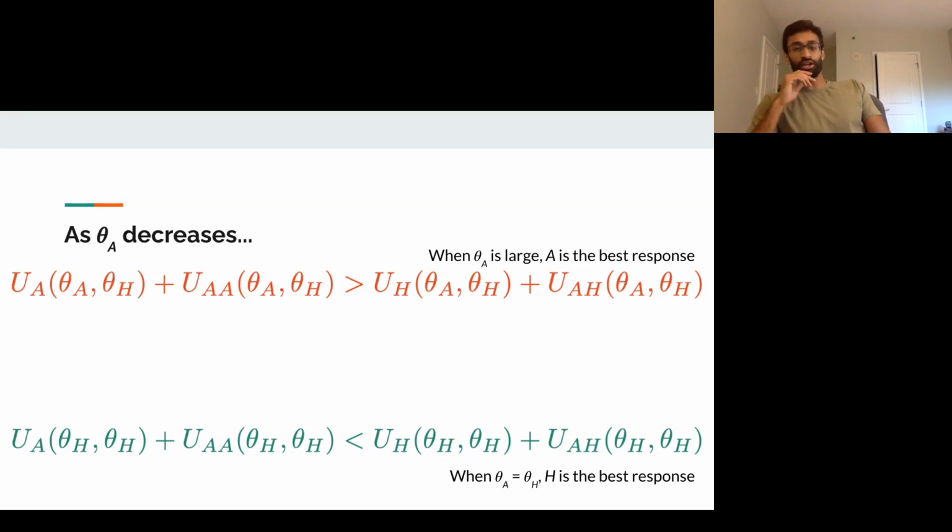But at the bottom, the opposite is true once the algorithm accuracy drops low enough. Once they get to the same point, we found from the previous slide that the better response is to use the human decision maker. So as the algorithm accuracy drops, your decision flips somewhere along the way.